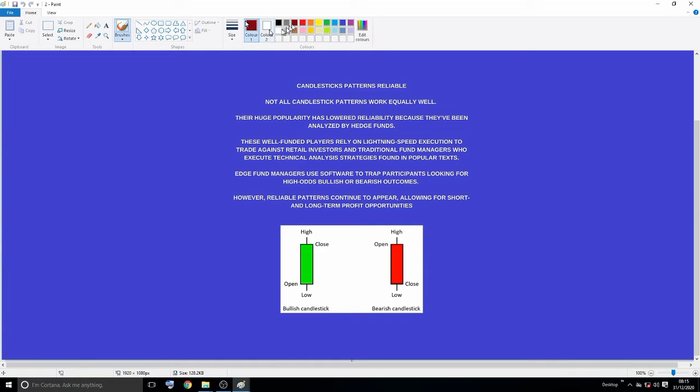So, are candlestick patterns reliable? Not all candlestick patterns work equally well. Some don't work well, some they work.